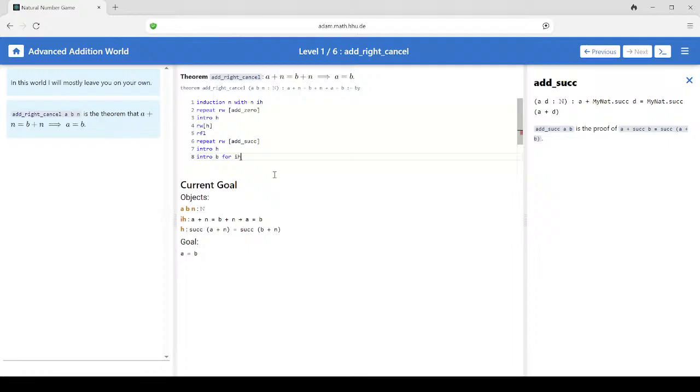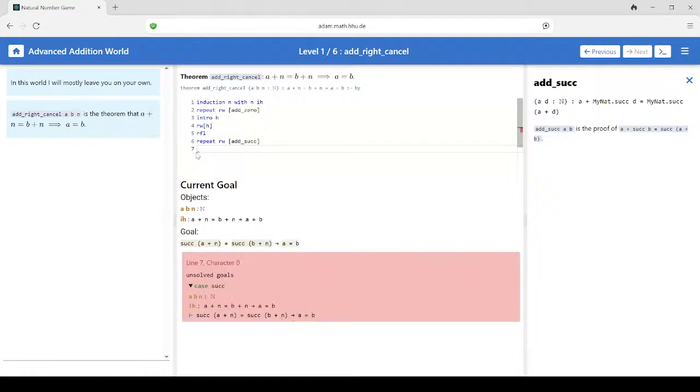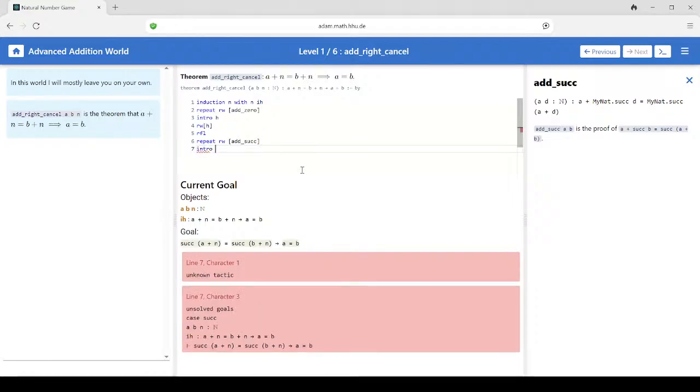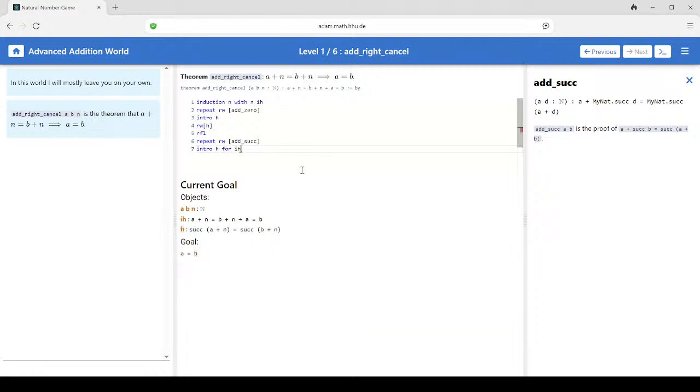No, I can't intro. That doesn't work. I can't intro a hypothesis for a hypothesis. Or maybe I can and I'm just doing it wrong.